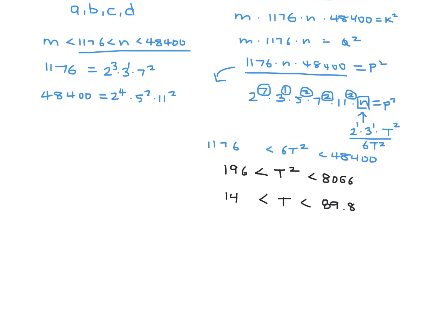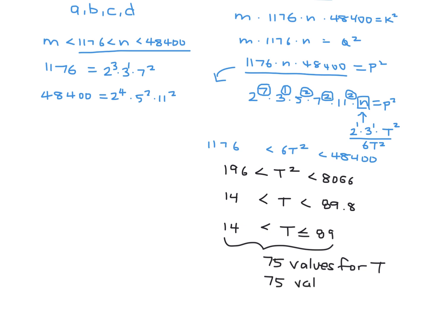Therefore, since t has to be an integer, t is going to be all the integers in this range. That's everything up until 89, but everything greater than 14. So that, I believe, is 75 values for t. Is that right? 89 minus 14. Yeah. Okay, great. So that means we've got 75 values for n.